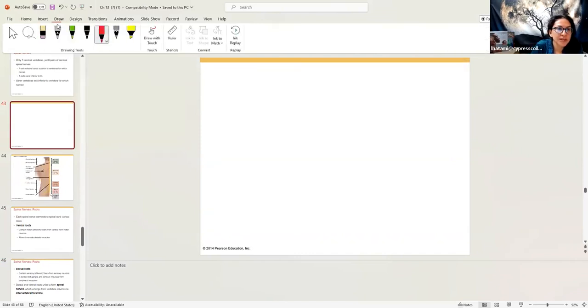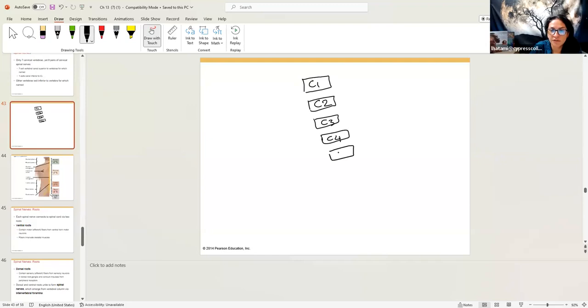Okay, so let's start with the cervical region, as we have 7 cervical vertebrae, C1, C2, C3, C4, C5, C6, and C7, while we have C1 to C8 cervical spinal nerves.